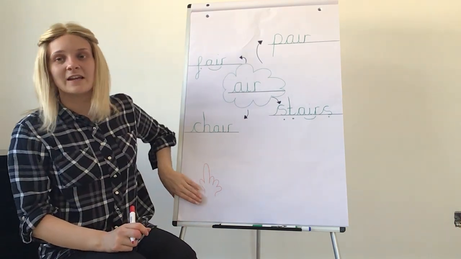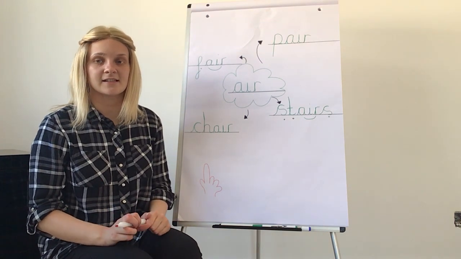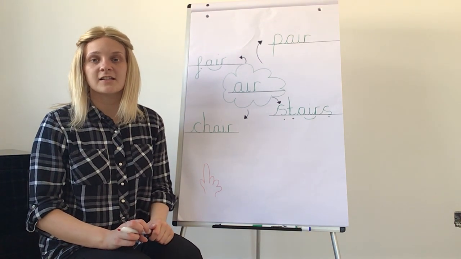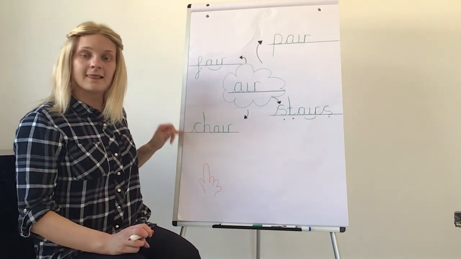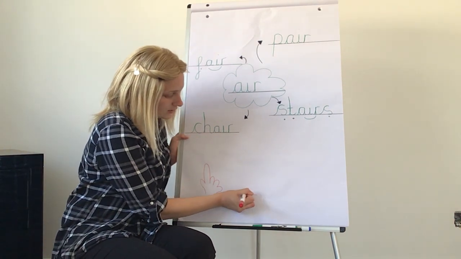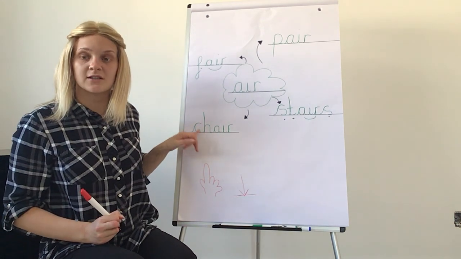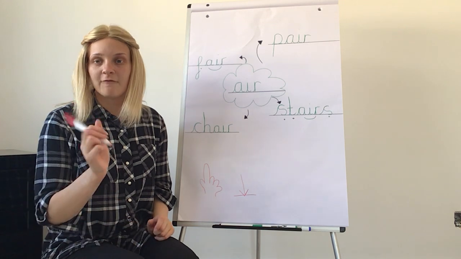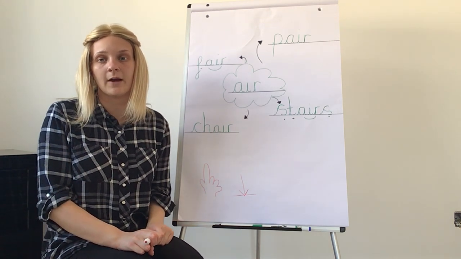So we definitely need finger spaces. What else do we need in a sentence? We need to make sure we are writing on the line. Okay? So you need to be writing on the line in precursive letters, okay? Everyone watching this video should be able to write in precursive now, okay?